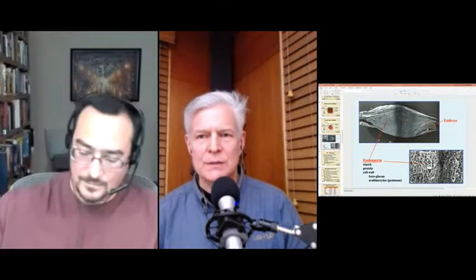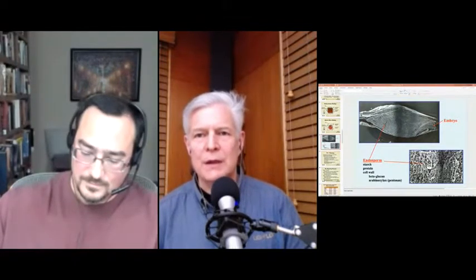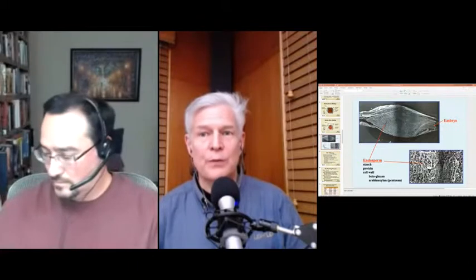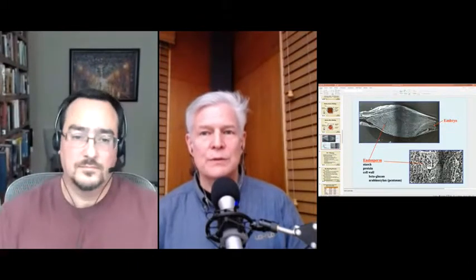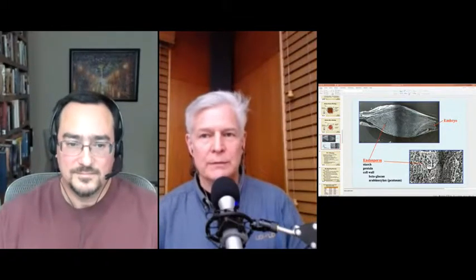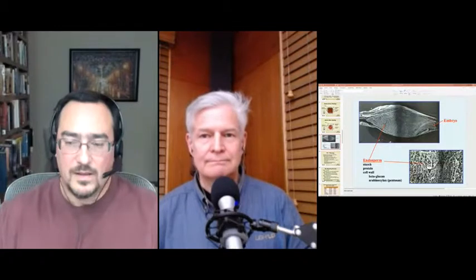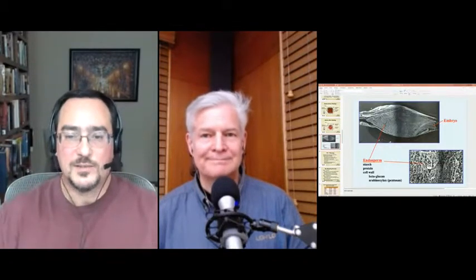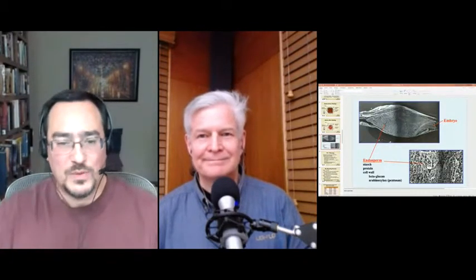So the purpose of malting is to unlock the endosperm, break down those cell walls, and make those starch granules more available to the brewer. We aren't converting them yet. That will be done during mashing, but we're just making them available.